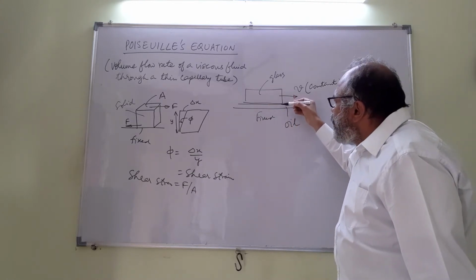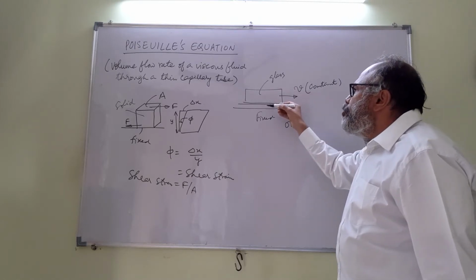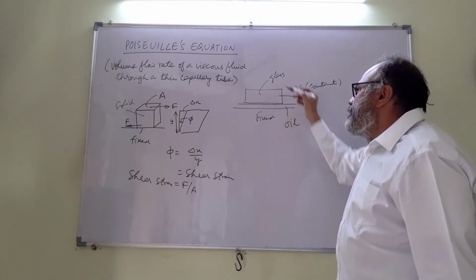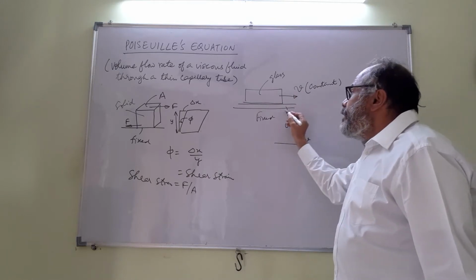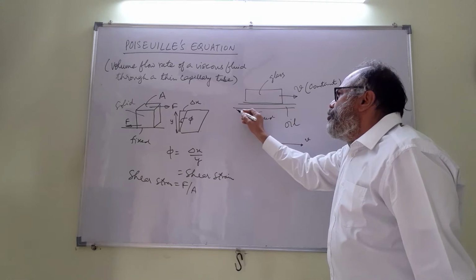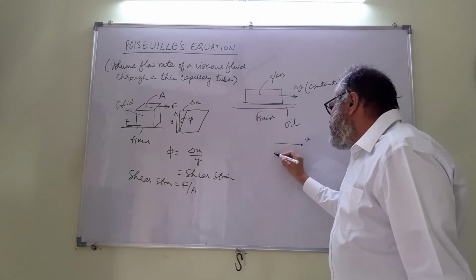The oil layer is also going to move. The oil in contact with the glass surface will move with the same velocity v. The oil layer at the bottom in contact with the fixed surface will be at rest.